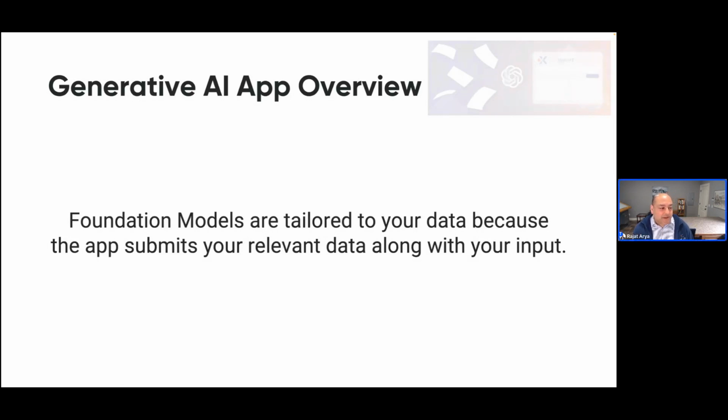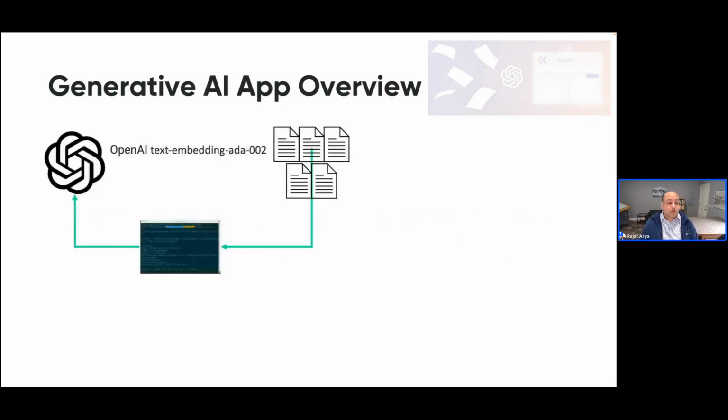So how did we get the document fragments into the vector database in the first place? How did our app know which document fragments to submit? Well, that's our training step. And I'll say training in air quotes, because typically in a machine learning context, when you say training, you're referring to training the ML model.